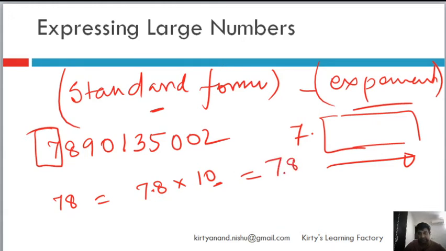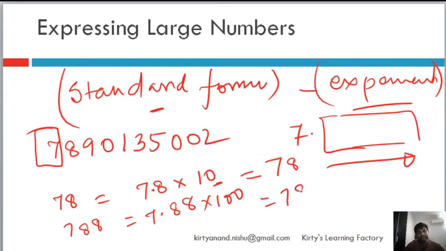It is nothing but 78. If there is a number 788, and once again I only have to keep one number on the left of the decimal. So if I say 7.88, I will have to multiply it by 100 to get 788, right?